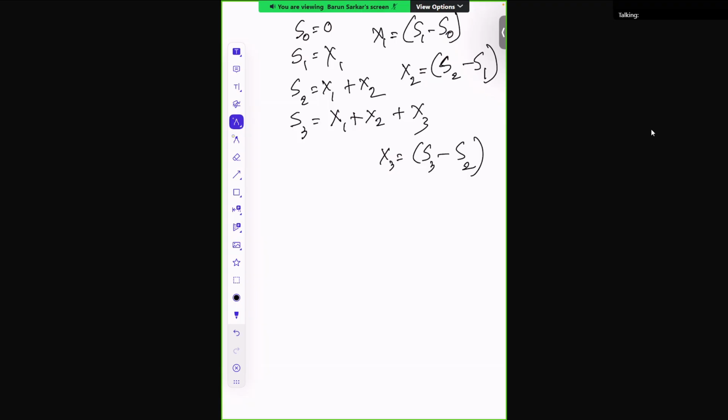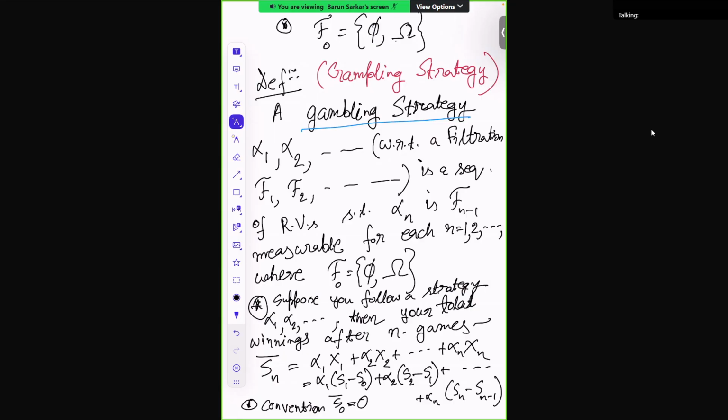This way you can write. This is what I have just written.